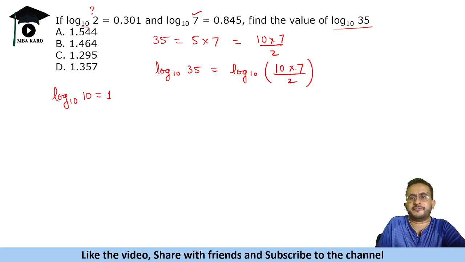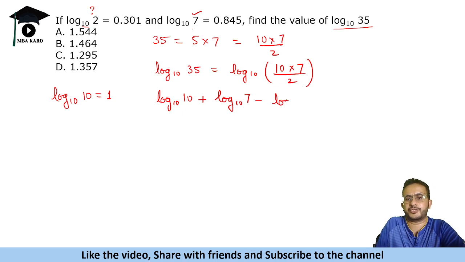So wherever we have multiplication, we will add: log₁₀ 10 plus log₁₀ 7 minus log₁₀ 2, because it is division, whatever is denominator we subtract it. Simple.